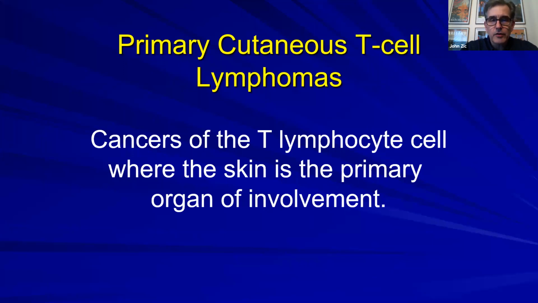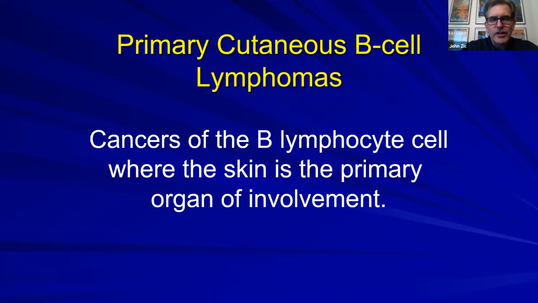As many of you know, the primary cutaneous T-cell lymphomas are defined as cancers of the T lymphocyte cell where the skin is the primary organ of involvement. That helps to separate it from peripheral T-cell lymphomas where the lymph node is the primary organ of involvement.